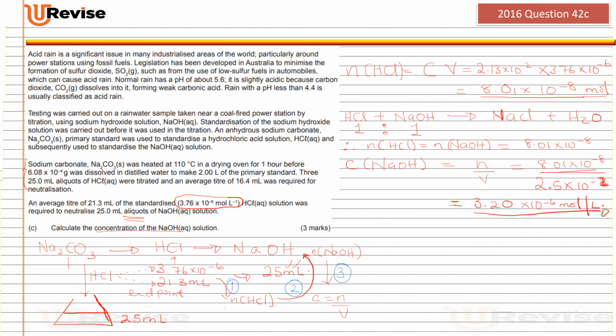Just one more thing before I wrap up this video. When SCASA sends out their examiner's report, they are always stressing that students must show their reasoning in their working out. I know some of these things we take for granted. This part here, I'll repeat again, is the chemistry.